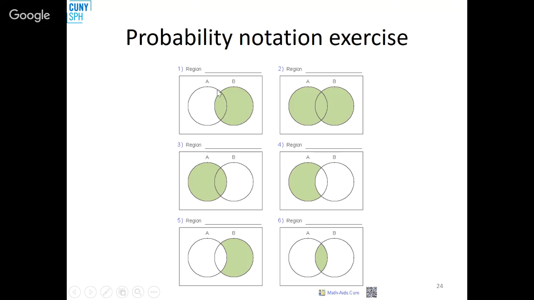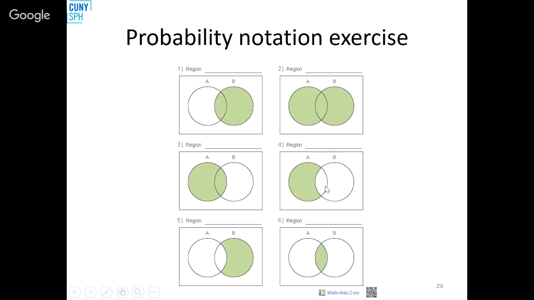It's not a complement because it includes some of A. You could do it that way, but the simplest way is just the probability of B. You can ignore A here. This is indicating the probability of event B occurring.